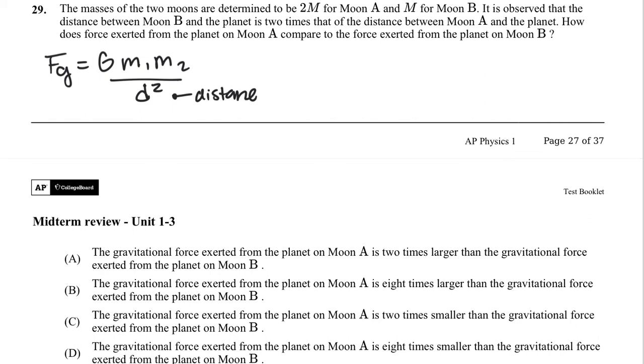If I'm looking at this equation, how does the force exerted from the planet on moon A compare to the planet on moon B? So this is moon A, and this is moon B. Let's just do our baseline equation.